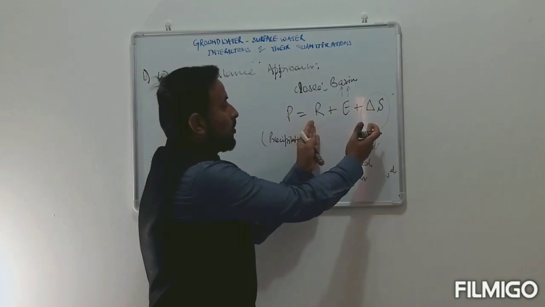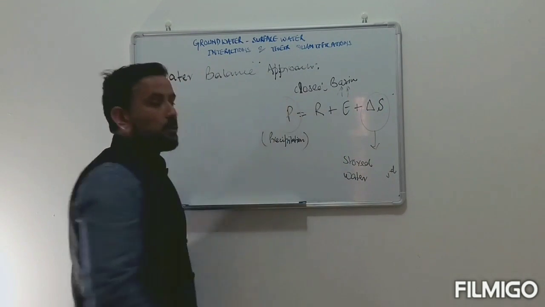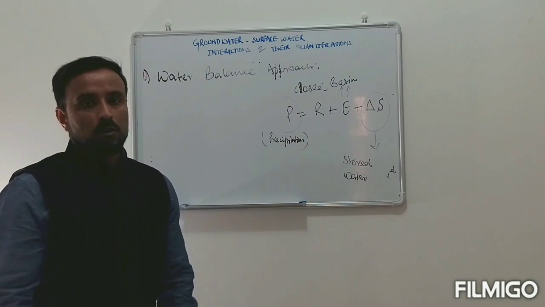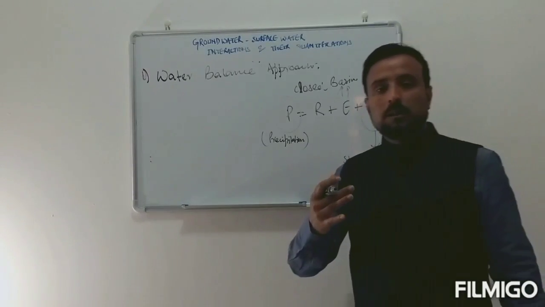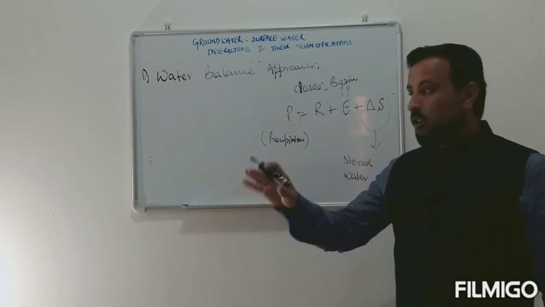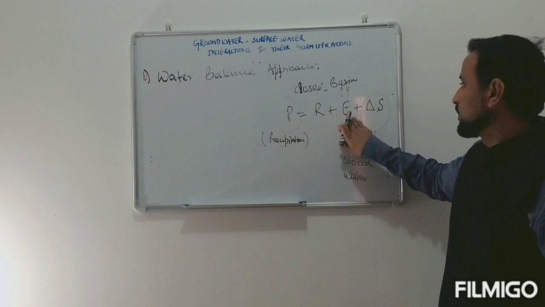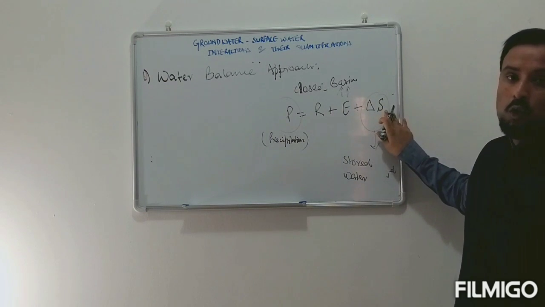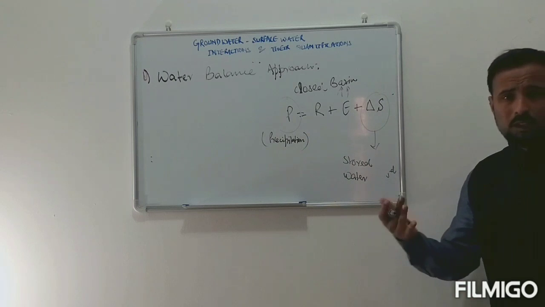If you calculate all of these three forms, together they will equal the total precipitation of the water. That means the water that comes to a system should not be converted to any form other than these three: stream flow, evaporation, and storage in the ground. So this water balance approach is based upon the same principle.